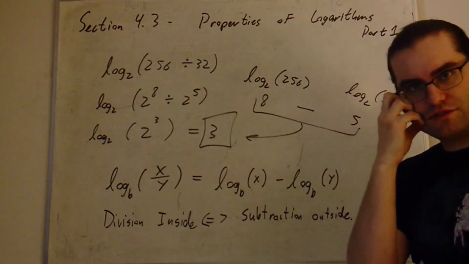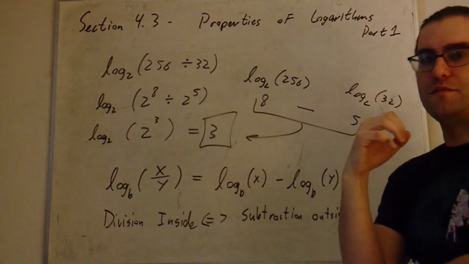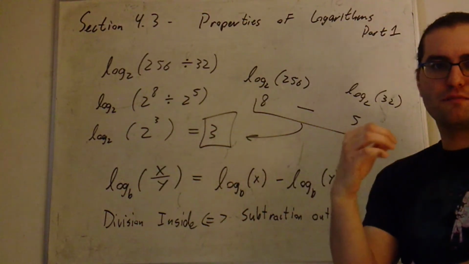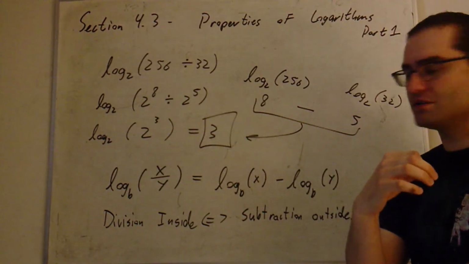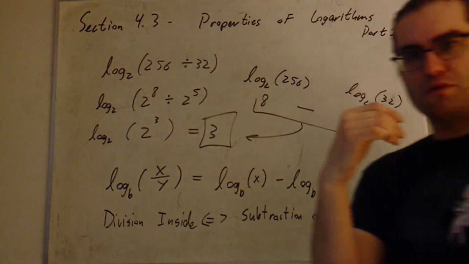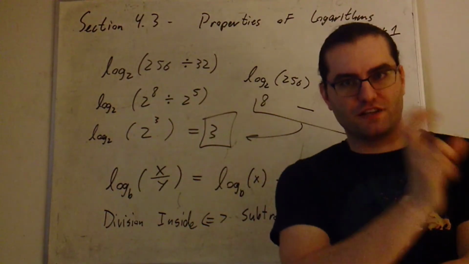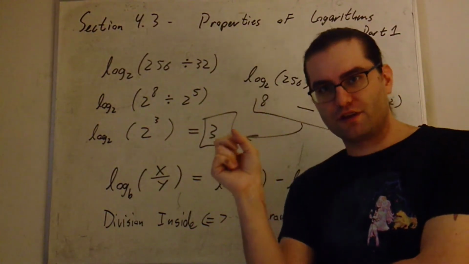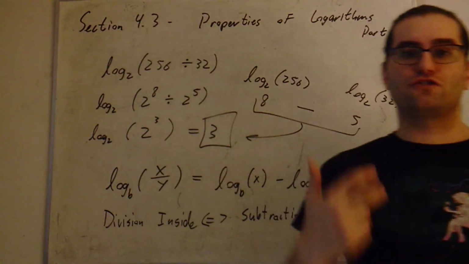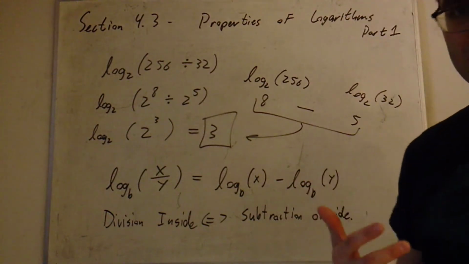About 8 minutes or so ago, I said that the position of these operations was very important. When I was talking about properties of exponents, we have one property of exponents that does things with multiplication inside and one that does a different thing with multiplication outside. So you have to be very careful about where these things are positioned.